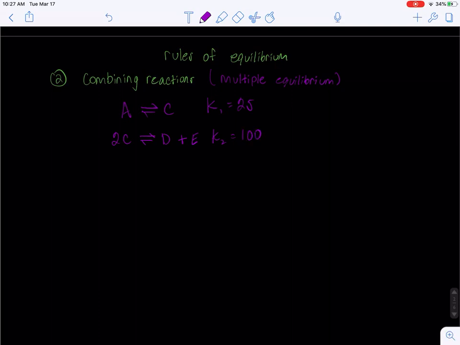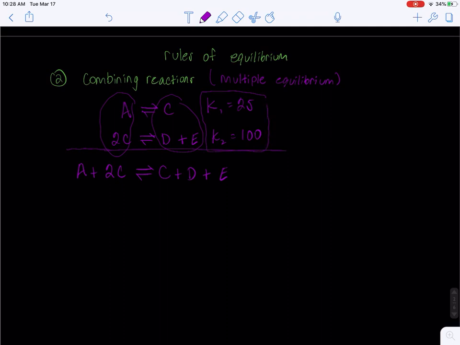And let's say K2 is 100. If we want to add or combine these two chemical reactions, we add all of the reactants, so A and 2C is in equilibrium with, and we add all of the products, C plus D plus E. What we do is multiply the two equilibrium constants.